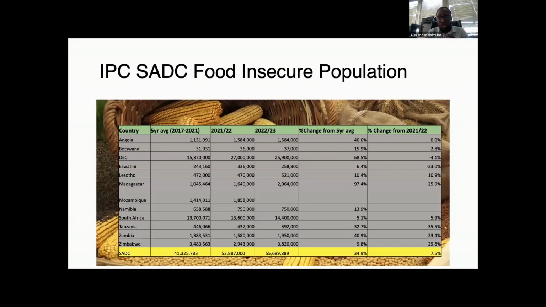Now, when you look at food availability in relation to access to food, you note that there has been an increase in production across the region of about 7.5%. This is attributed to a very difficult rain season with a late onset of rains. The rains slightly improved at the end of the season, which for most countries saw an increase in agricultural food production.